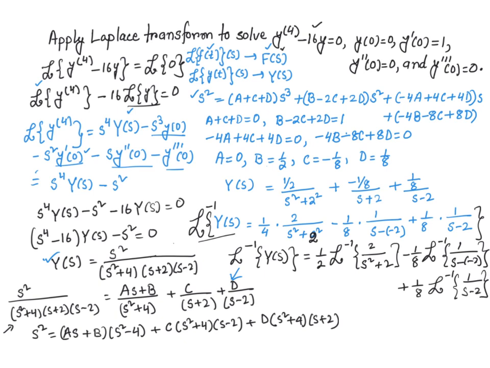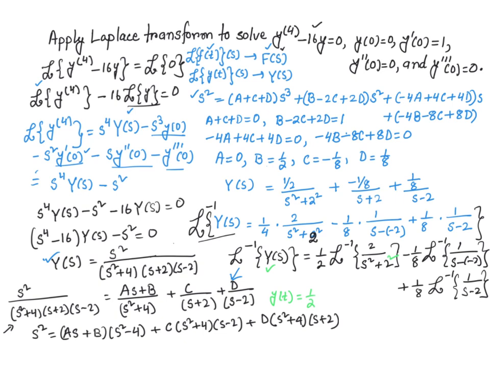Now if I simplify everything and write it all together, this is going to give me y of t equal to 1/4 times the inverse Laplace transform of 2 over s squared plus 2 squared. There is actually a typo here.